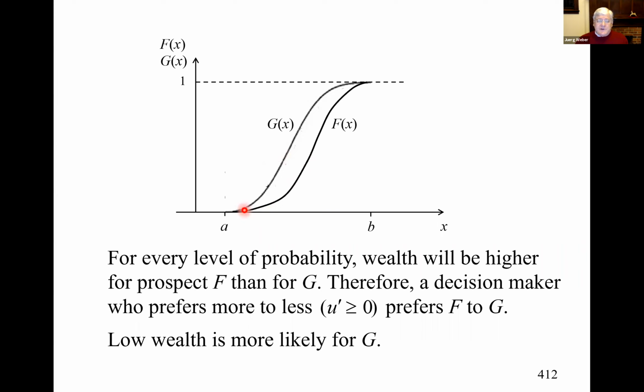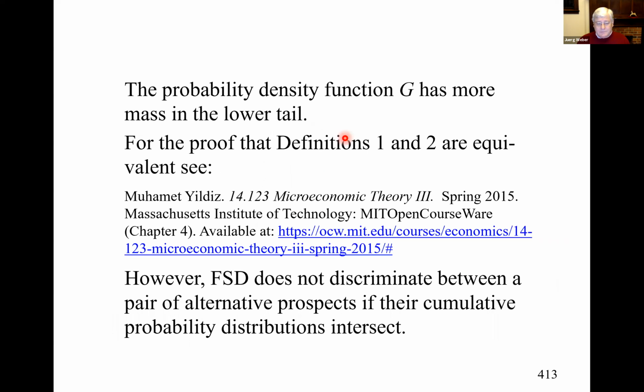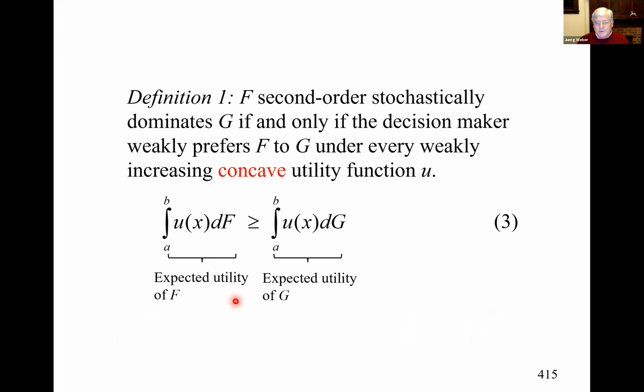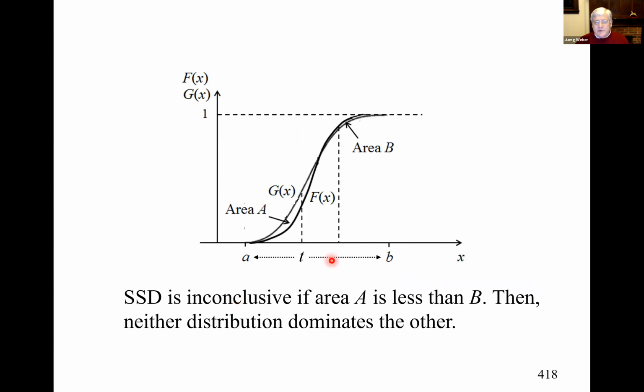So it's easy if those two curves do not intersect. It's quite obvious, it's common sense that you prefer the F. But if they intersect, then it's getting more difficult. So you cannot use this if the two curves intersect. So ideal now is this situation where the two prospects have intersecting CDFs.